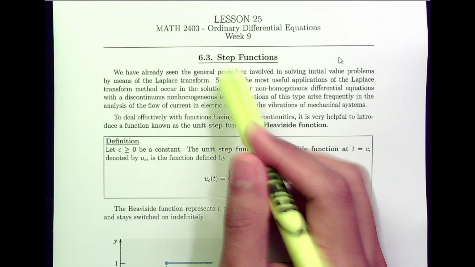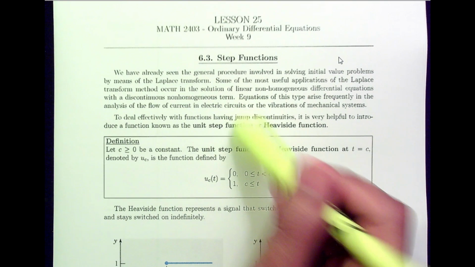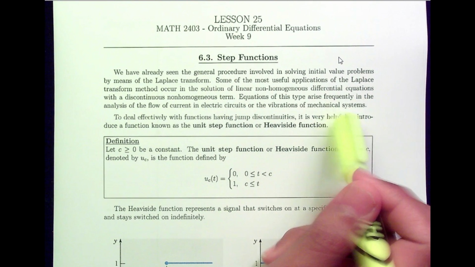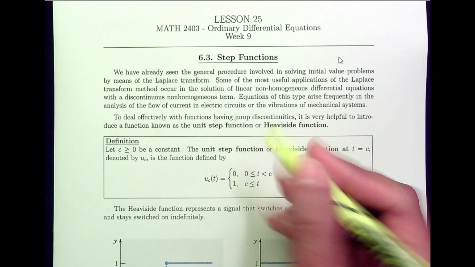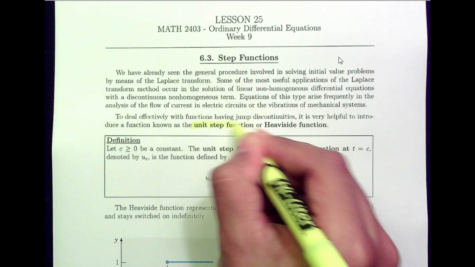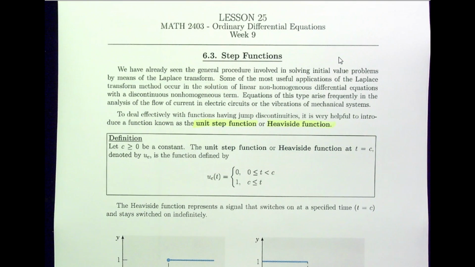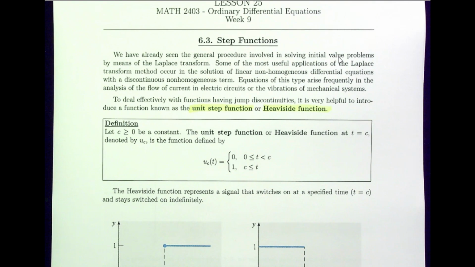So in order to deal with discontinuities, especially jump discontinuities, which are the ones most frequently encountered, it is helpful to introduce a function called the unit step function, or the Heaviside function. Heaviside is the last name of Oliver Heaviside, who was supposedly a self-taught mathematician, physicist, and electrical engineer.